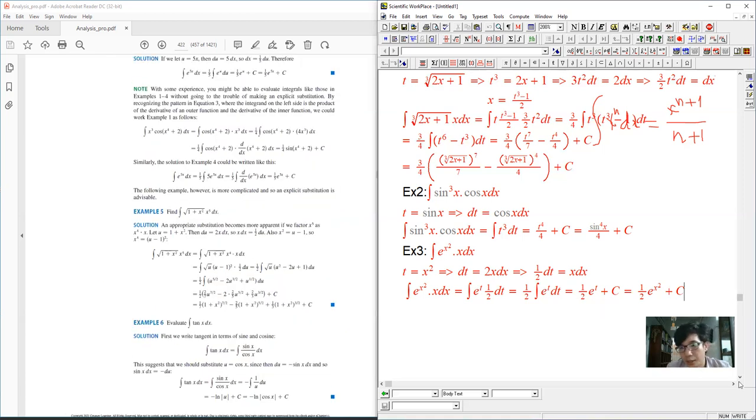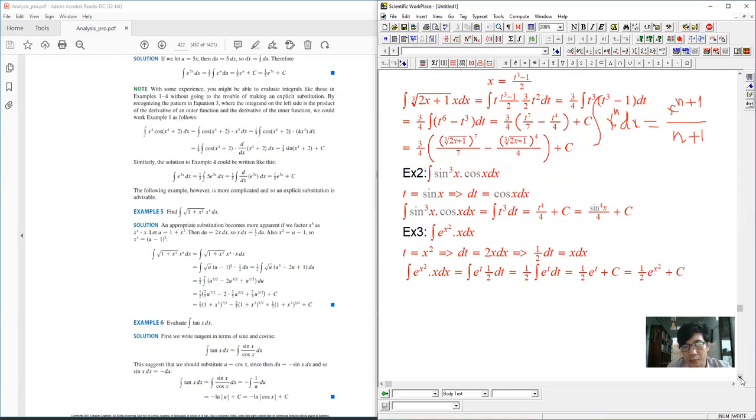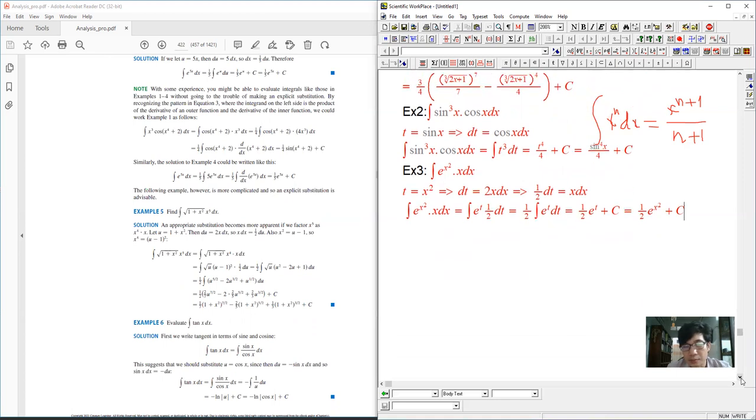And another example is a fraction. For example, the integration of s ds over s squared plus 1.